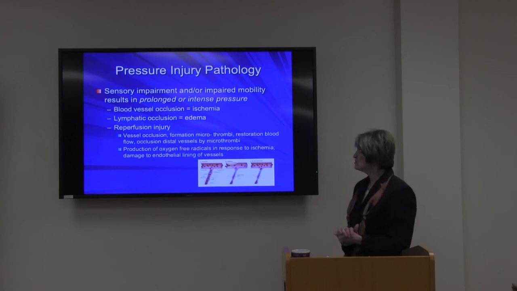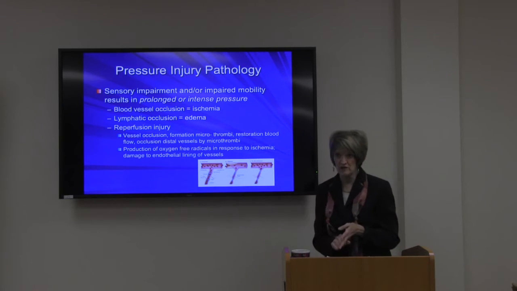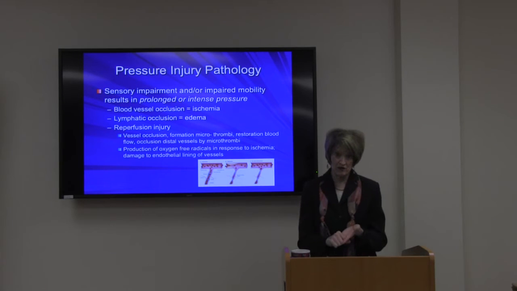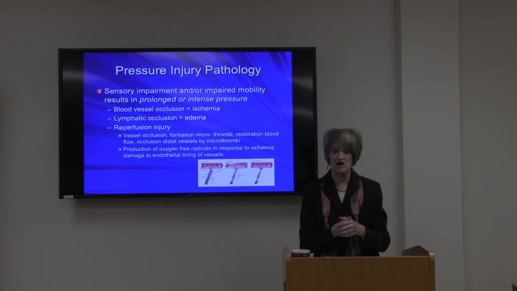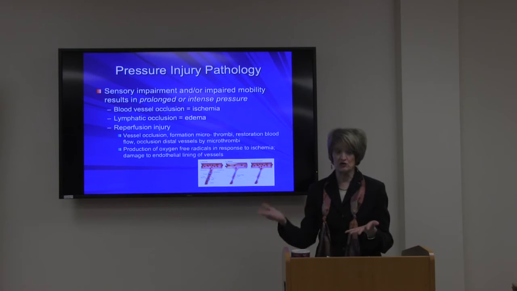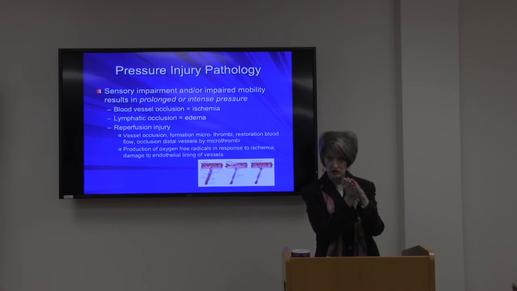Okay, so looking at pressure injury pathology, we've already said that either sensory impairment or impaired mobility or some combination of those two things results in prolonged or intense pressure. You get blood vessel occlusion that causes progressive ischemia of the tissue. So you can get total occlusion with rapid onset of ischemia.